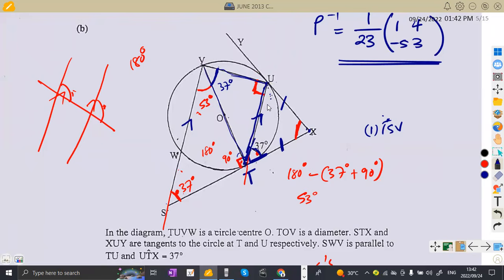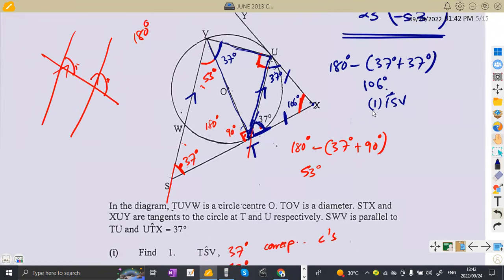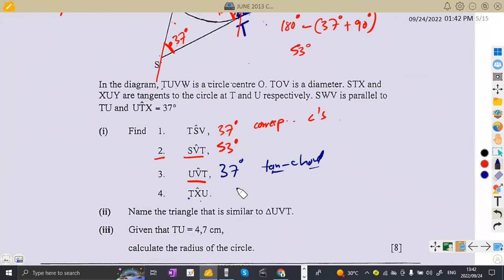So if this is 37, this is also 37 degrees at U. So angle U is 37, angle T is 37. So to find the angle X, we're simply going to subtract these two angles from 180 degrees. That's 37 plus 37. If we subtract this, we're going to obtain 106. So angle TXU is 106 degrees from the angles in a triangle. Okay, so that was the case.